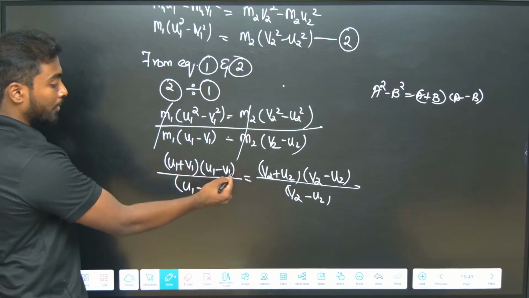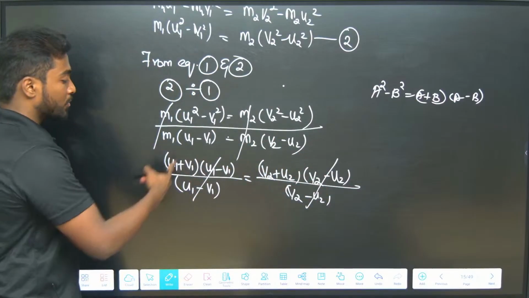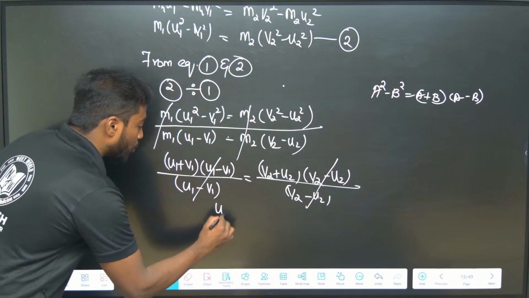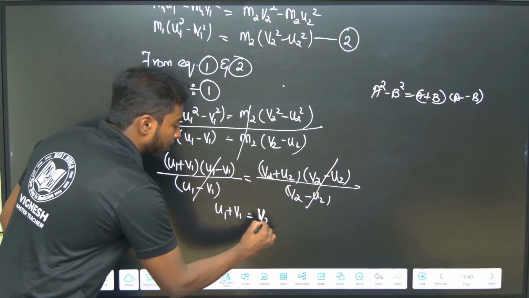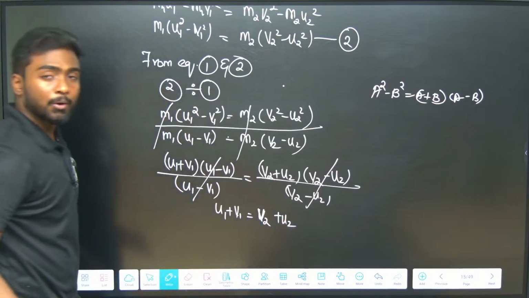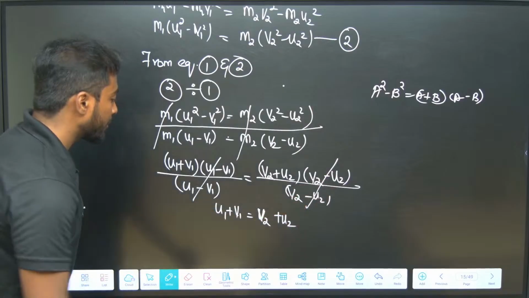So u1 minus v1 got cancelled out, similarly on this side also, so what is left is u1 plus v1 should be equal to v2 plus u2. So take initial velocity one side and final velocity another side.